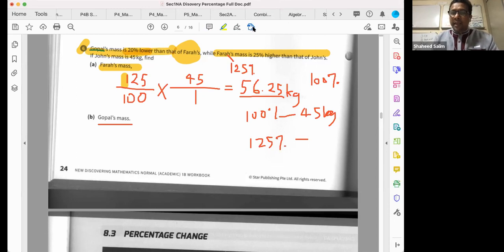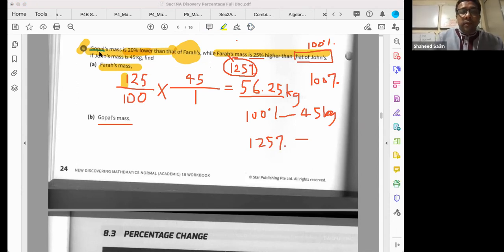Of John, that means John is 100%. Farah is 25% more, so Farah is 125%. This is the second part of the sentence. First part of the sentence, Gopal's mass is 20% lower than Farah. Farah is 100%. Can like that? Yes, can. It depends on how you say the sentence. Now Farah is 100%. Then Gopal, 80%.